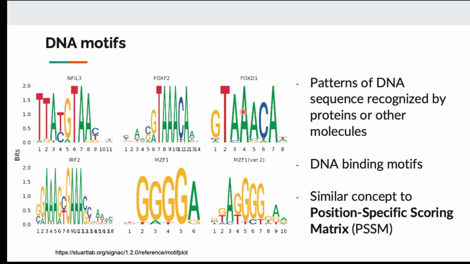If it changes A to T in this position, it might change the transcription factor binding, because FOXD1 wants to bind a motif with A at the fourth position. But if we are studying, let's say, IRF2, and there is a mutation from A to T at this position, then we can interpret that this might not change transcription factor binding at all, because this position can be A or T. The protein can bind to both.